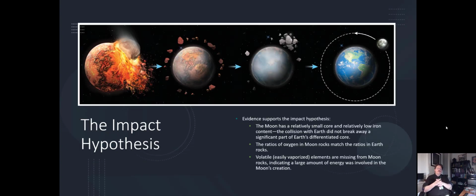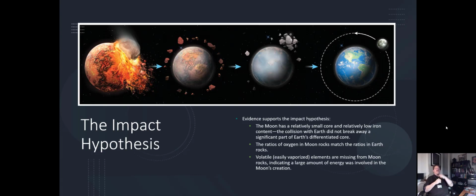Which leads us to the impact hypothesis, or as I like to call it, the redneck hypothesis, which is a merger between the capture and the fission hypothesis. So basically we have a case where a planetesimal, roughly the size of Mars, smacks into the Earth at a very oblique angle, and instead of breaking the Earth into pieces, it smashes into the Earth and digs out some material.